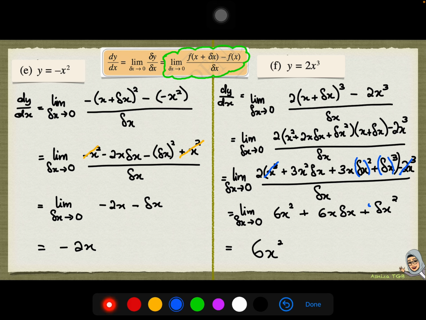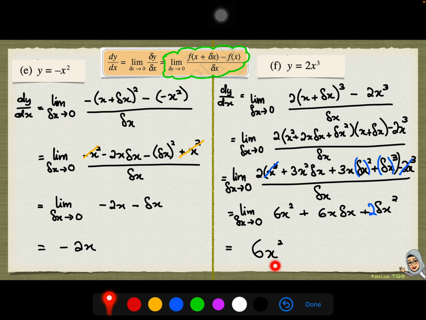Here, I left out the 2, so it is 2 delta x squared. Finally, we substitute delta x as 0. So this term is 0 and the last term is 0. We have the answer 6x squared.